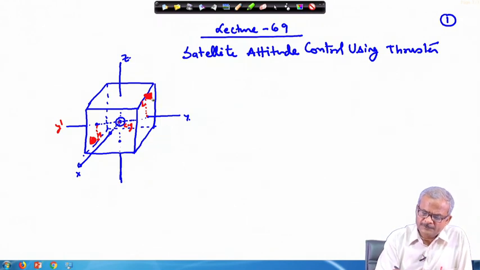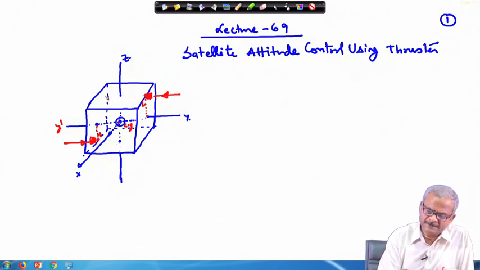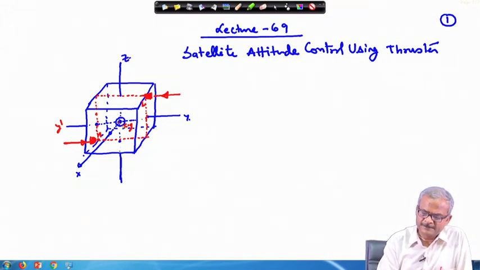If you locate your thruster this way, this will produce thrust like this and this will produce thrust like this. This will be the direction of the thrust, and because they fall in the same plane, this plane is going like this and coming like this, and it is in one plane.